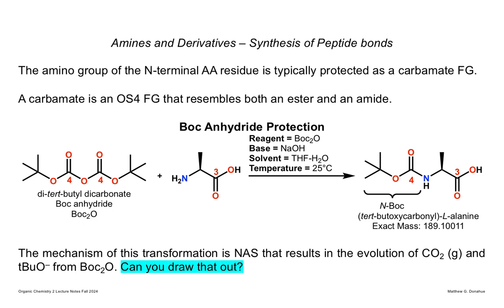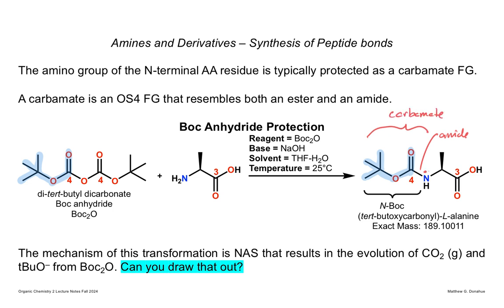And essentially what it's doing is putting on, as I'll highlight in blue, the piece in blue onto the nitrogen. It sort of looks like an amide, but overall the functional group itself is called a carbamate.